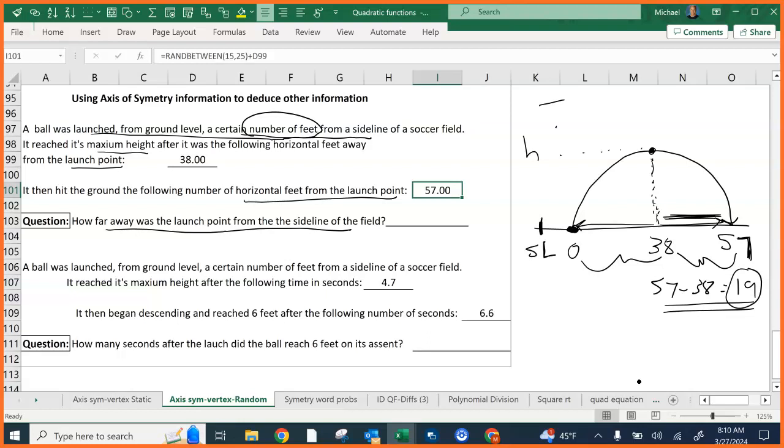So that's 19, which means that this is going to be 19 as well. So 38 minus 19 is equal to 19. So that means this is actually at 19, not 0. In a sense, that's where the ball is launched.